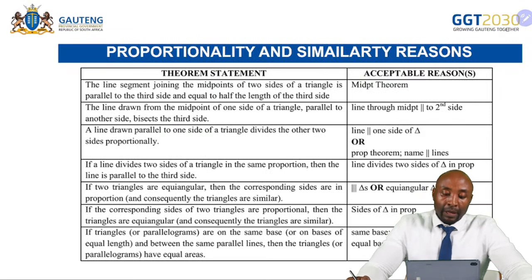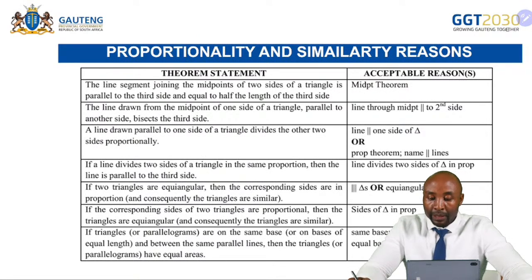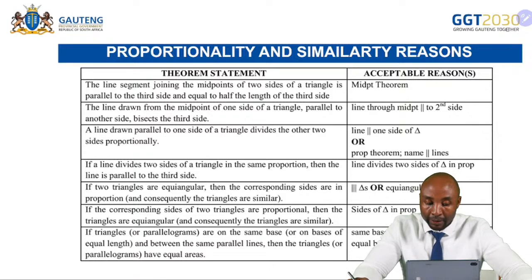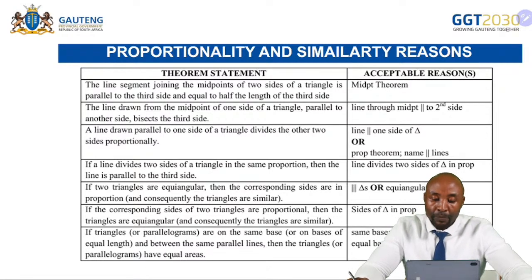According to our examination guidelines, for every statement there must be a reason as you answer Euclidean geometry questions. A theorem based on this proportionality theorem is the midpoint theorem. We can read about the midpoint theorem and the acceptable reason we normally use.